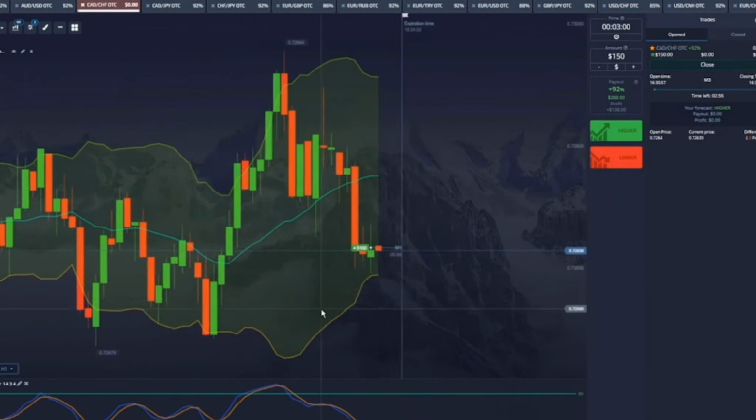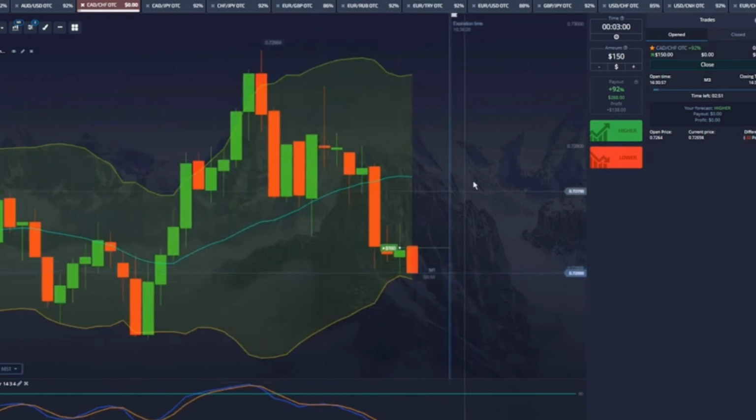Here is another entry, and candles have gone down to the lower Bollinger Bands, and the stochastic oscillator is at the oversold condition, confirming the entry for trades.